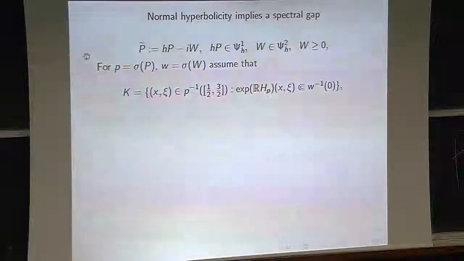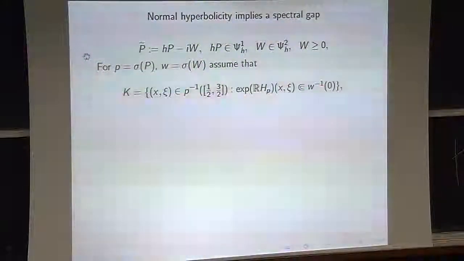Namely, the trapped set is equal to the set of trajectories on this energy slab which are always contained inside of the zero set of W. So they always live in a place where there's no damping.